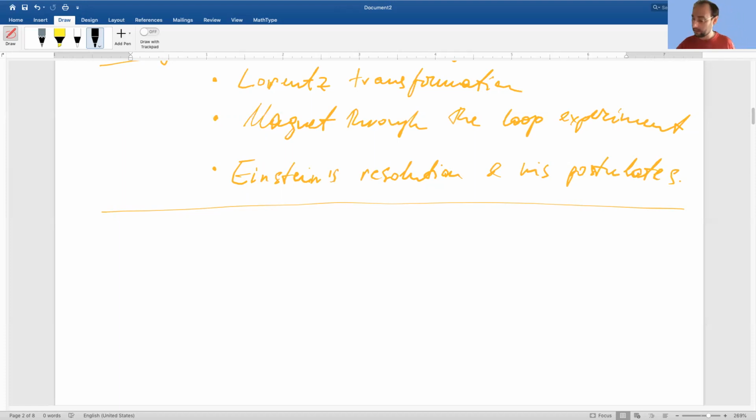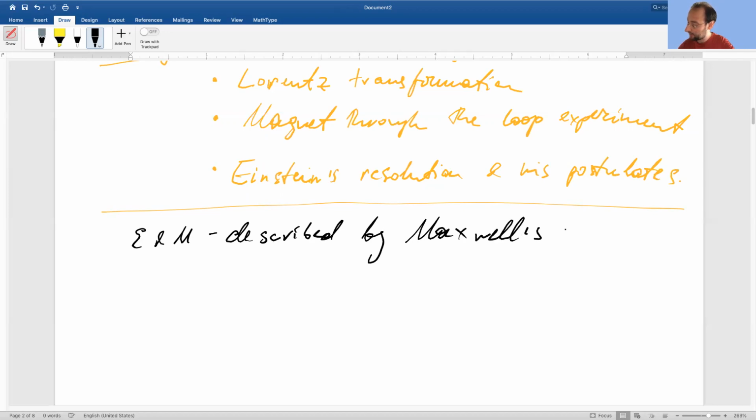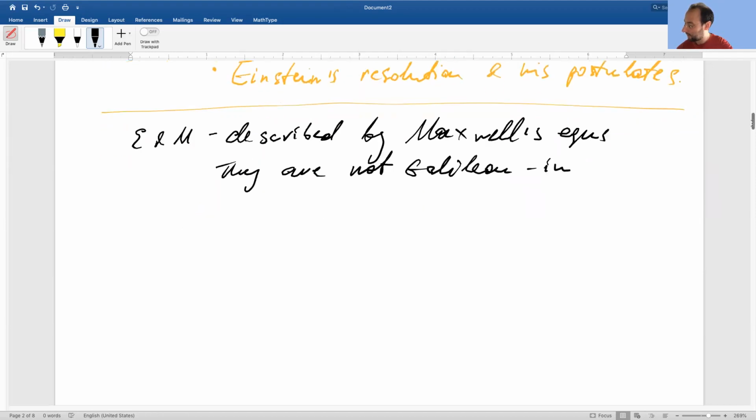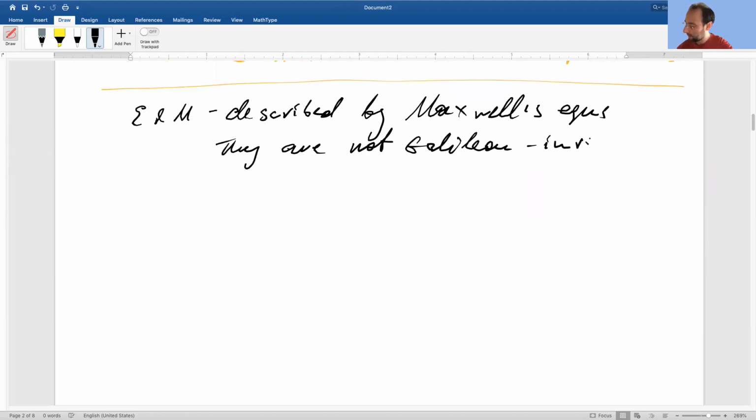Okay, so E&M, described by Maxwell's equations, they are not Galilean invariant. I'm sort of repeating what I said yesterday, or the day before, I think.